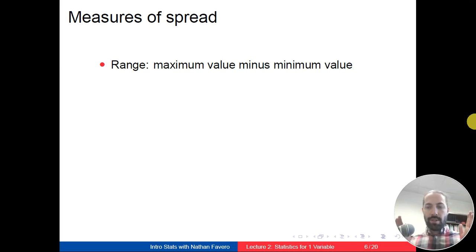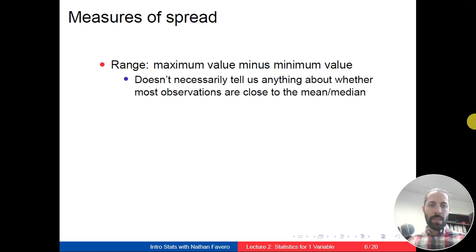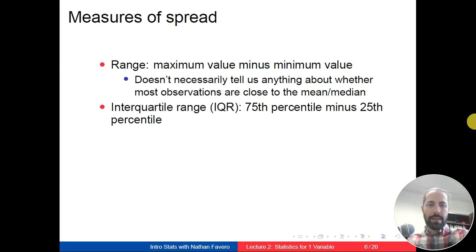We can also describe the width of that range, so from 0 to $250,000 is a total range of 250,000 from the low end to the high end. This can be useful, and often in papers and reports we will report the range, but it doesn't necessarily tell us whether most observations are close to the mean or median. It tells us what the most extreme cases are, but it doesn't tell us much about the typical case.